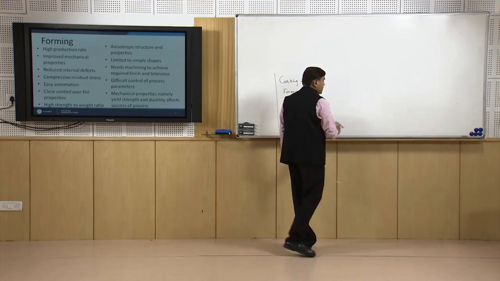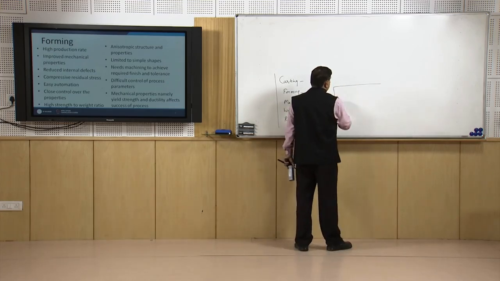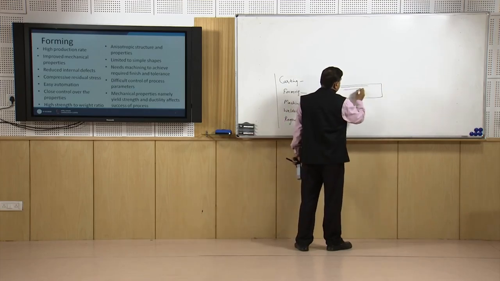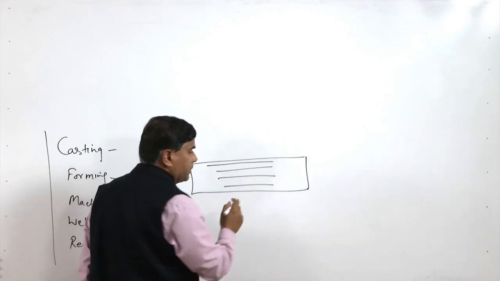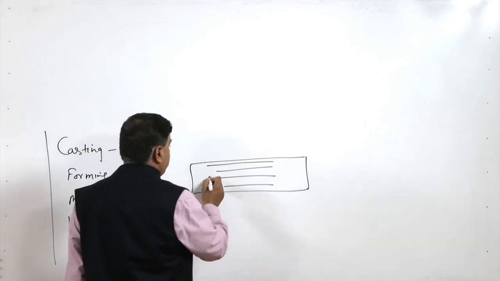Another important thing which is observed is that during deformation based processes, material is forced to flow in a particular direction, which is called the longitudinal direction. Due to the application of the force, material flows in one particular direction. The direction in which material flows, we find much better strength as compared to the direction perpendicular to that.